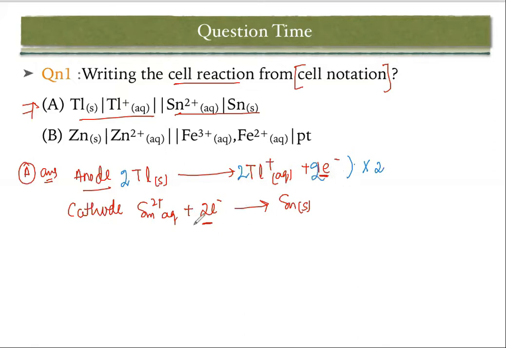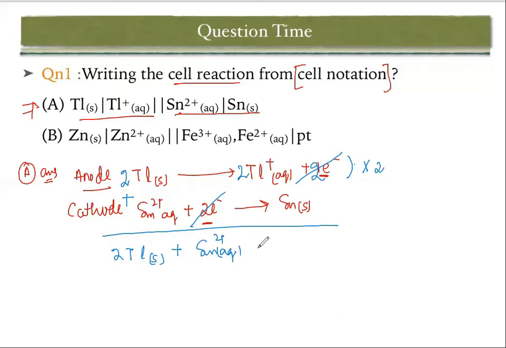Now, as the electrons are balanced, add these two reactions. So this 2 electron and 2 electron will cancel out. Our net reaction will be 2Tl solid plus Sn2+ aqueous is going to give Sn solid plus 2Tl+ aqueous.